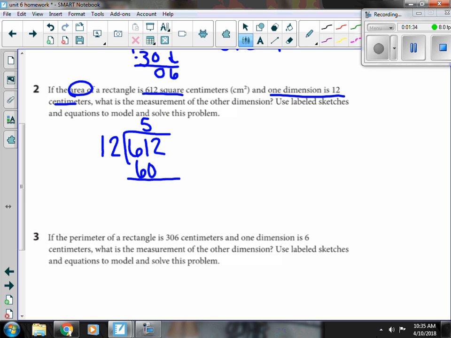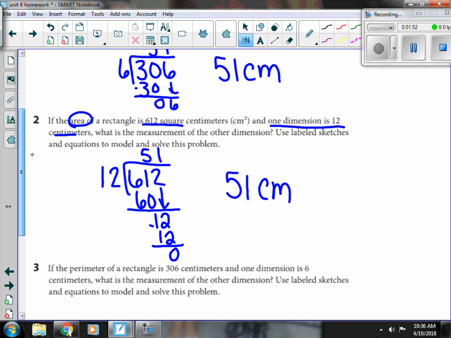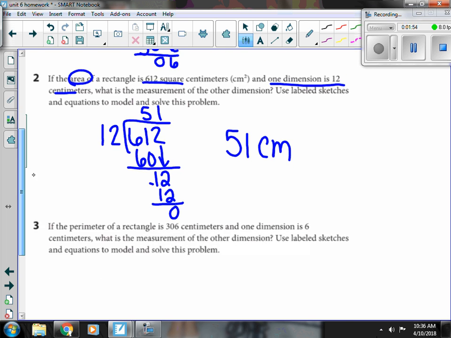And then we subtract and I get 1 and I bring down my 2. Now I think how many times does 12 go into 12, and it's once. 1 times 12 is 12, and then I subtract and I get 0, so we get 51 centimeters. Our answers were the same.